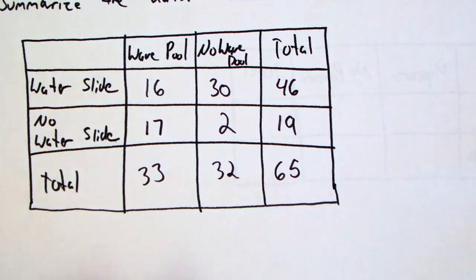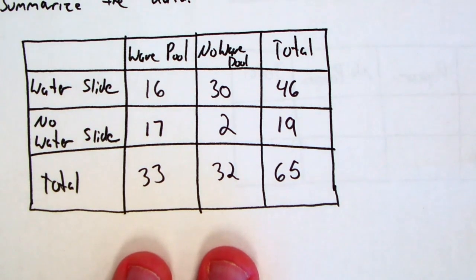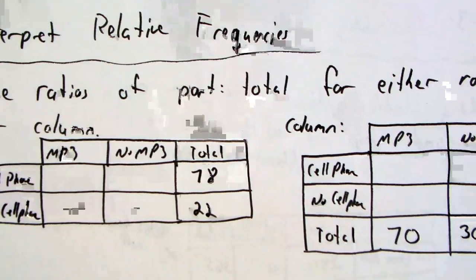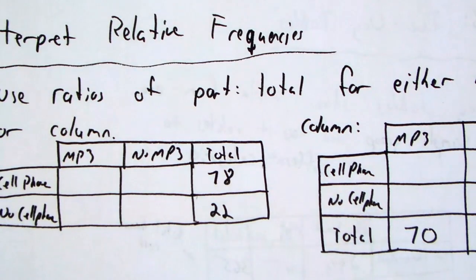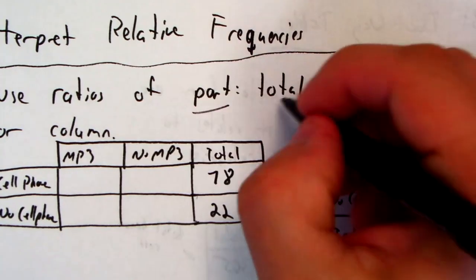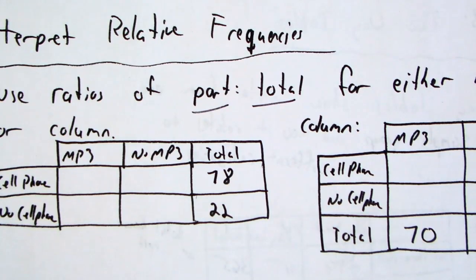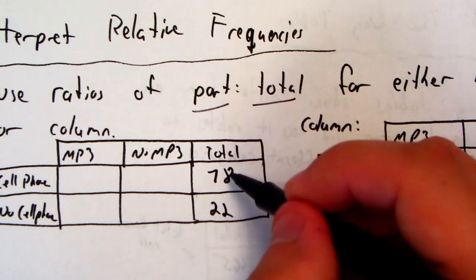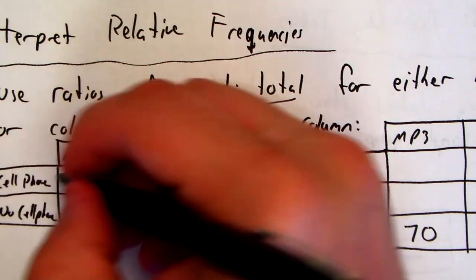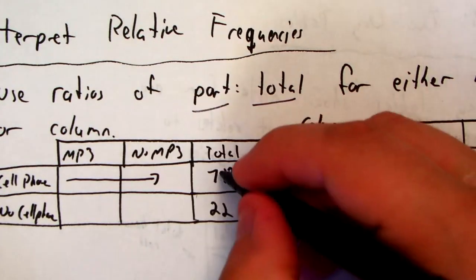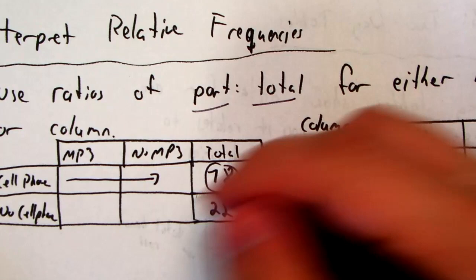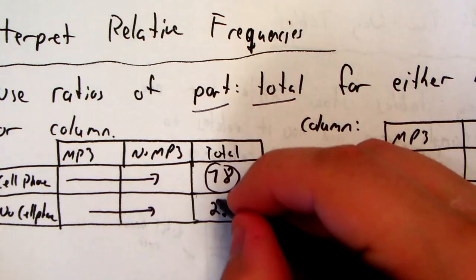Now, with this two-way table, we can actually do something called interpreting frequencies. When we interpret relative frequencies, we want to use ratios of the part to the total. So the part to the total for either row or column. You have to be really, really careful. If we are talking about the rows, that means we're going to look specifically going this direction and looking at this total, or this one looking at this total.